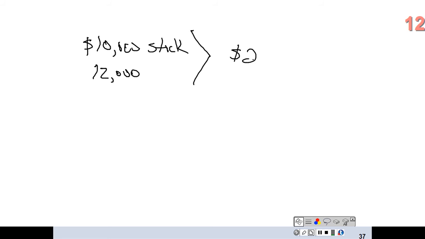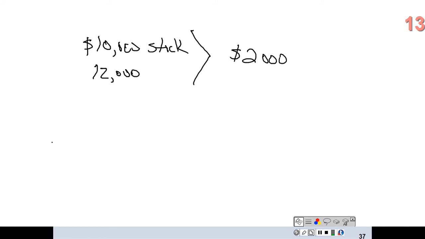I'll just use some nice round numbers here: you just happen to have $10,000 worth of stock that you buy. You wait exactly 1 year, you sell the stock 1 year later, and you sell it for $12,000. So you have made a profit of $2,000.